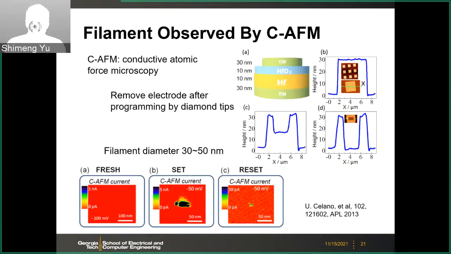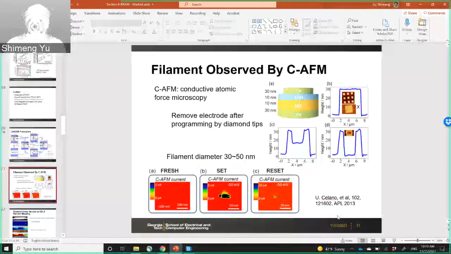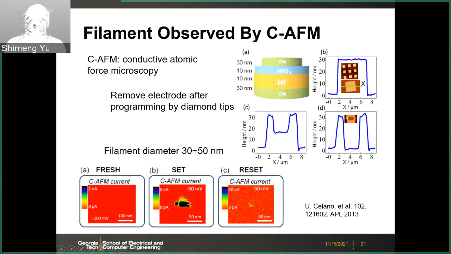And next, I will quickly go through some experiments to verify this is filament switching. I will speed up this part. So the first experiment, done by IMEC, is that after you cycle the device, let's say set and reset, they remove the top electrode and this electrode material.